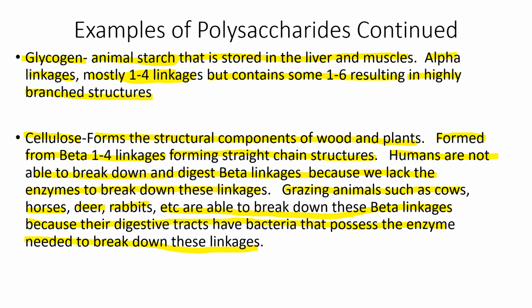We can't do that for cellulose because cellulose has the beta linkage. Our bodies do not have the enzymes necessary in order to break those down. Because they don't have the enzymes necessary to break those down, we can't ever access that. We kind of have to have that pass right through our systems without breaking down. We can't get at the energy that's stored in there.